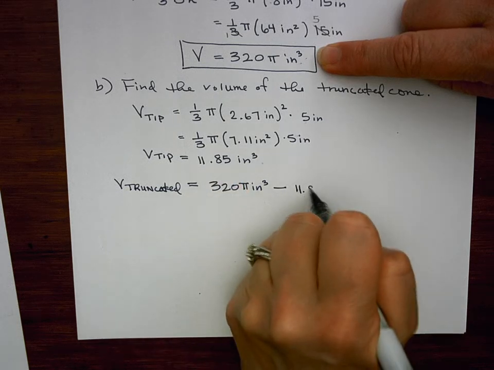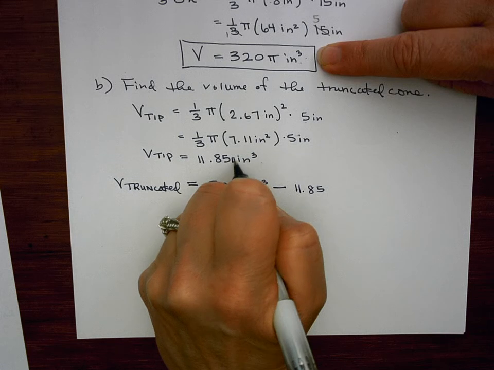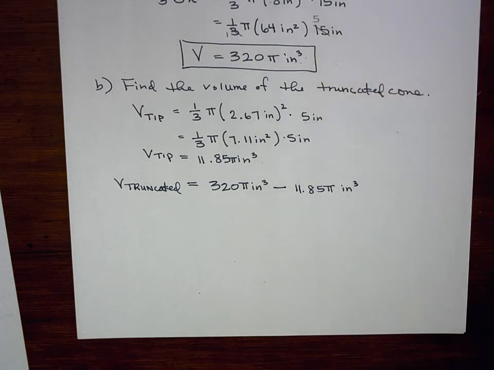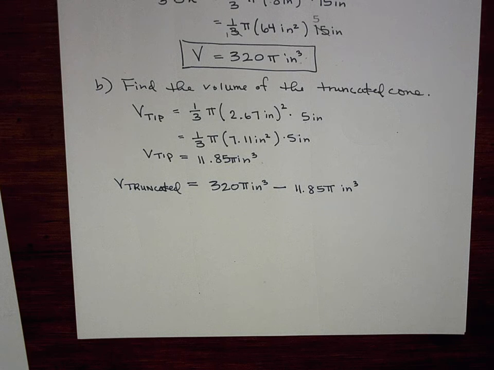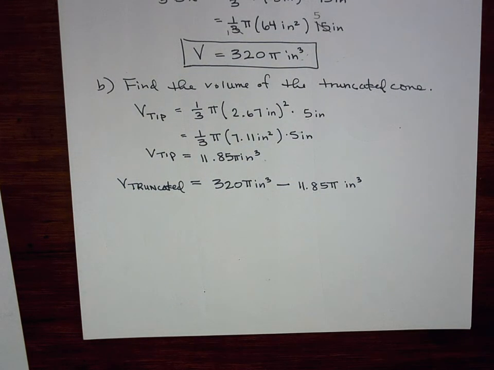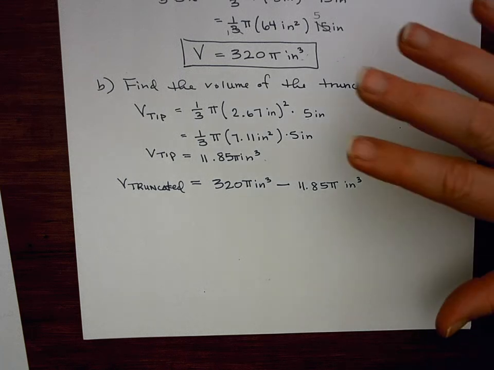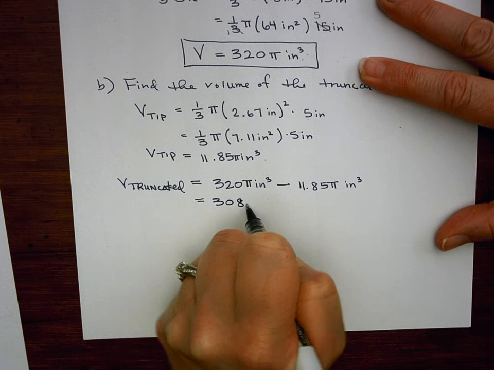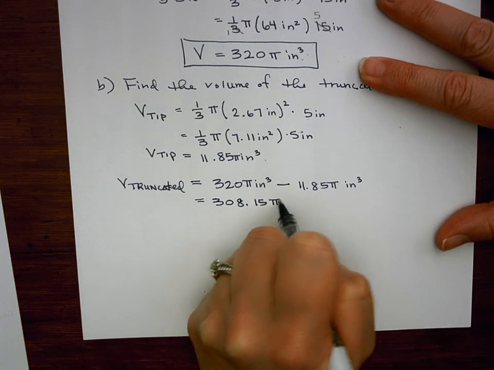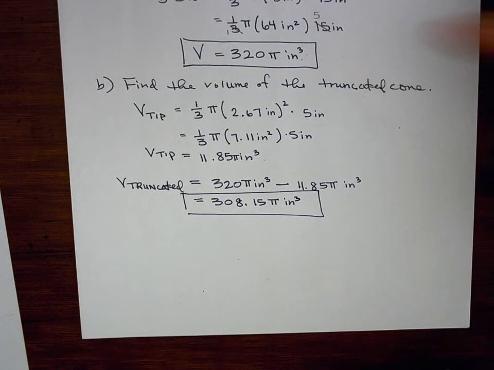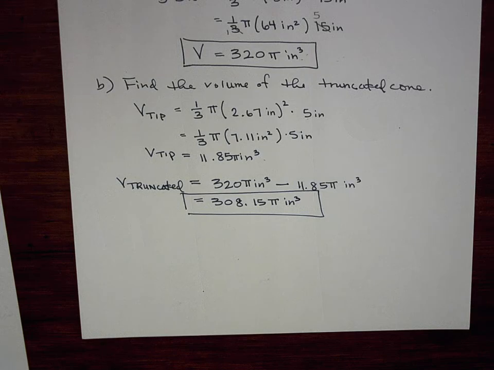I just realized I forgot my pi. So since they both have pi in them, I just have to subtract the numbers, right? So I'm just going to do 320 minus 11.85. And there's the volume of the truncated. Okay, and then that's it.